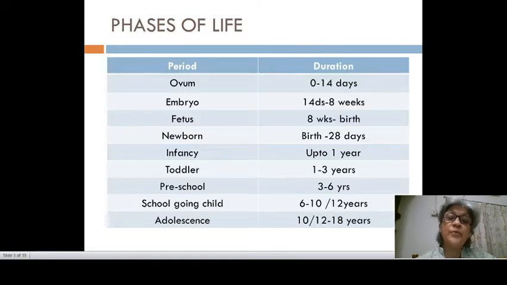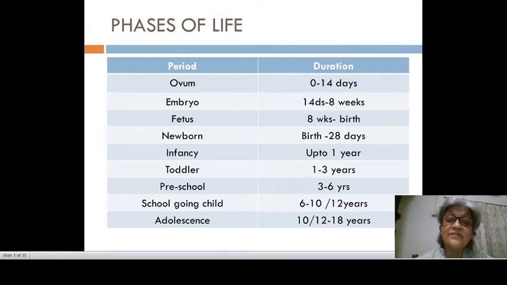Before we take up growth, we need to focus a little bit on how changes happen. We all know that in the antenatal phase, we divide it into 3 stages. The undifferentiated ovum up to 14 days, the embryo from 14 days to 8 weeks, and then the developing fetus right from 8 weeks to birth.